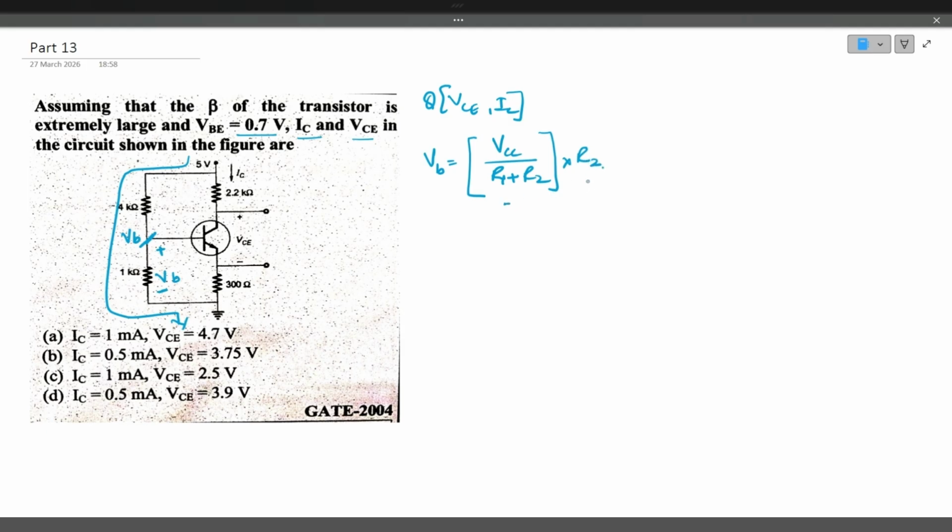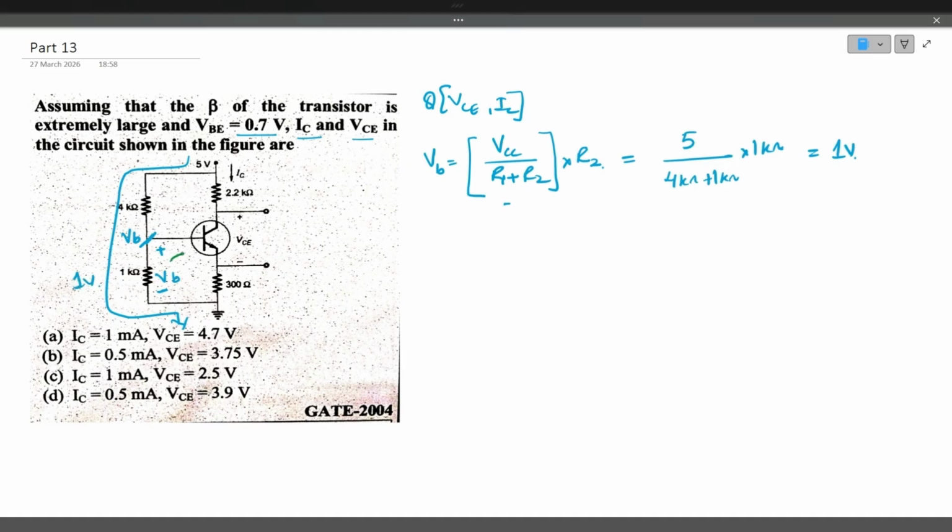If you substitute the values, 5 divided by 4 kilo ohm plus 1 kilo ohm, multiplied by 1 kilo ohm, the voltage will be 1 volt across the 1 kilo ohm resistor.